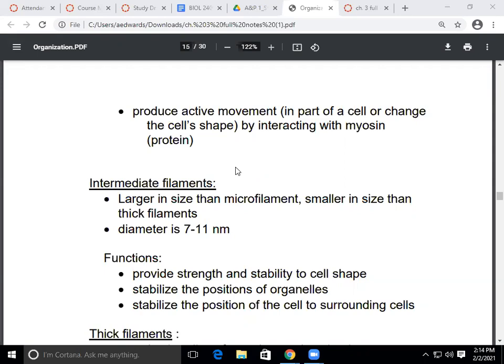They give your cell strength and stability. Again, they position your organelles, so they're not just floating around randomly. They actually have a location based on those intermediate filaments, and they stabilize the position of your cells relative to other cells around it.